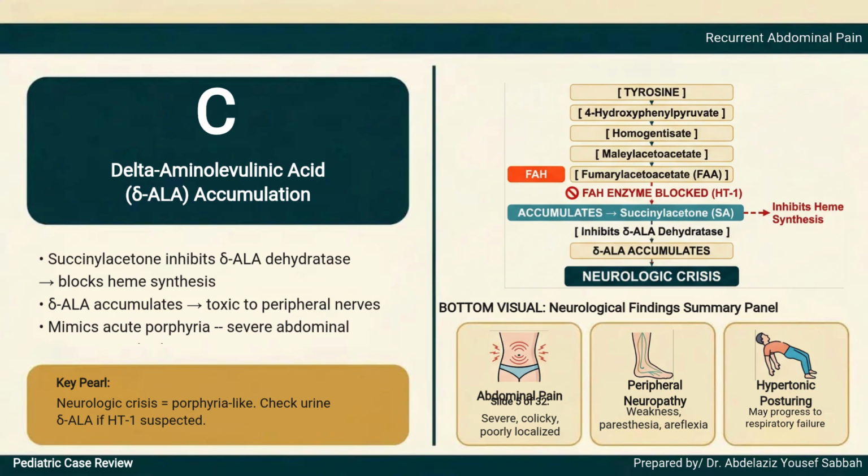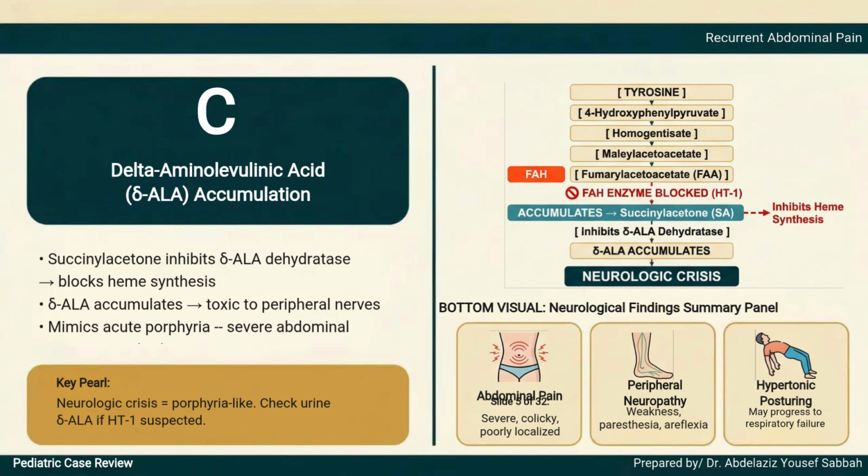This is caused by delta-aminolevulinic acid accumulation. In the tyrosine catabolic pathway, when fumarate acetoacetate hydrolase is deficient, succinylacetone accumulates. Succinylacetone is a potent inhibitor of delta-aminolevulinic acid dehydratase, which blocks heme synthesis. As a result, delta-aminolevulinic acid accumulates and becomes toxic to peripheral nerves.